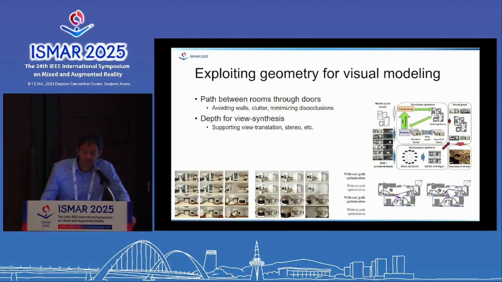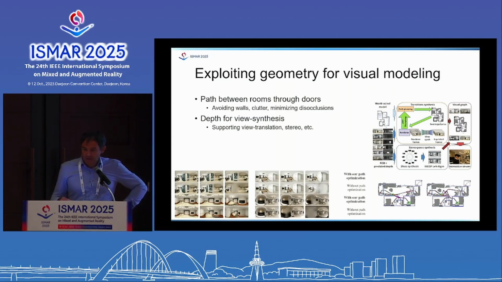And then, once we have a geometric model, we are also able to build something visual for the immersive part. Here we exploit the geometry first to build a path between rooms through the door, so we try to avoid clutter.